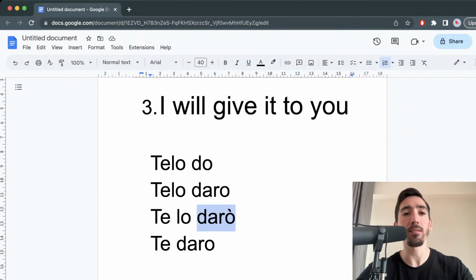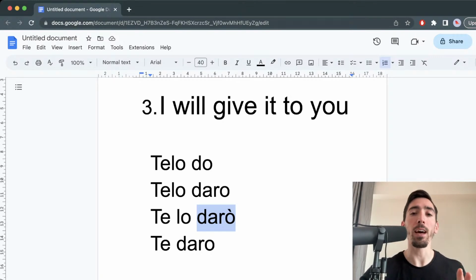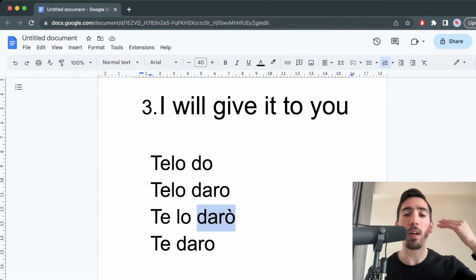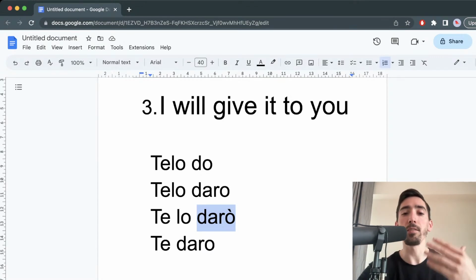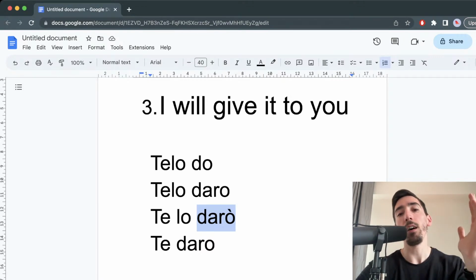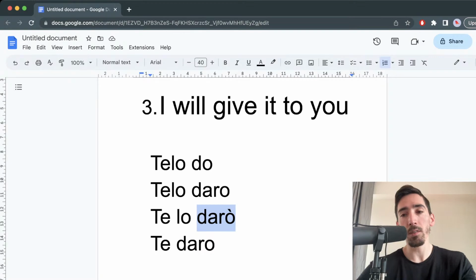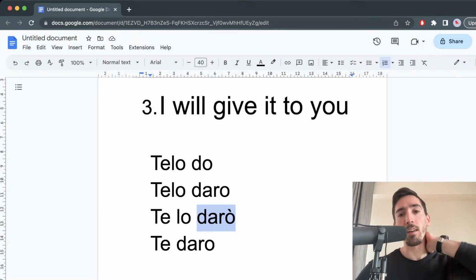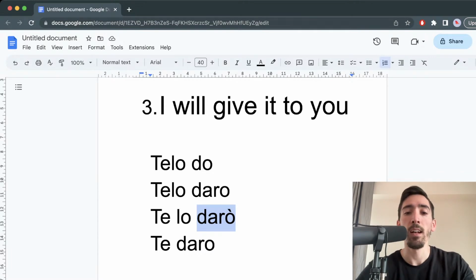So we could get this from a table. We can get this from a table in our mind. We can get that from muscle memory, having said it hundreds of times. It doesn't matter how we get it. This is the correct version. Darò. As I said, important in the context of this lesson, but not in the context of this particular sentence.